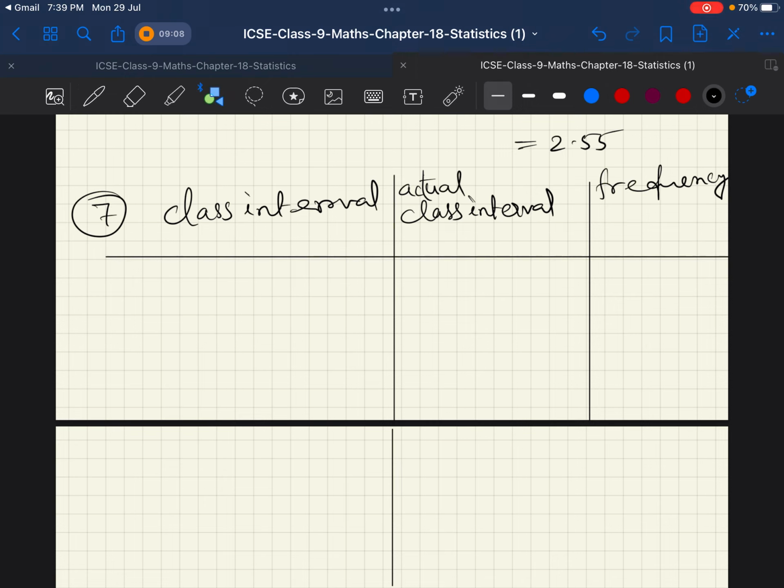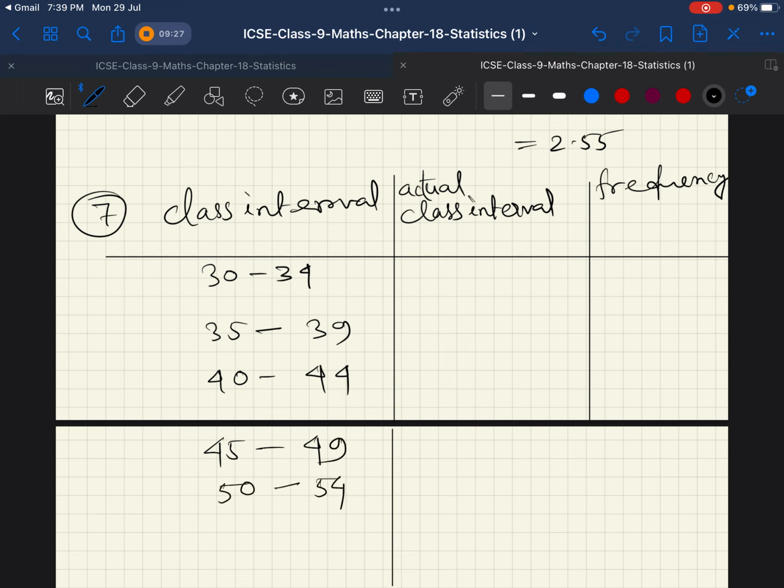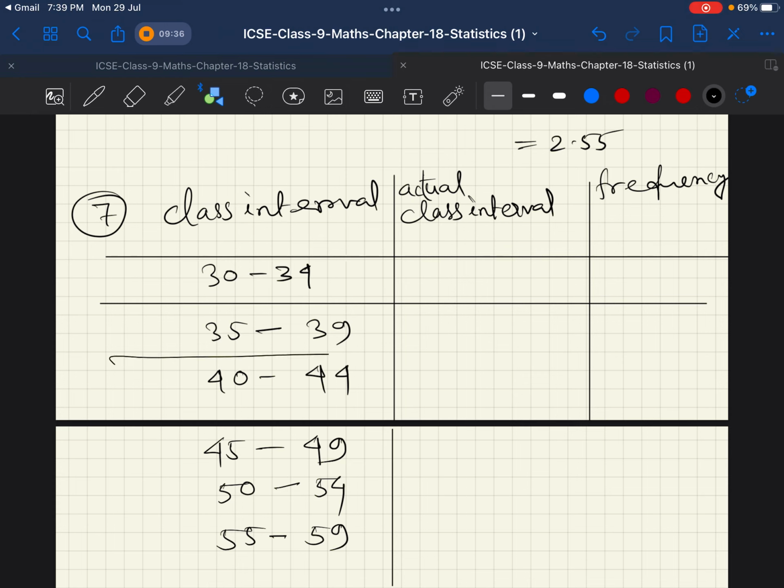So the class intervals are 30 to 34, 35 to 39, 40 to 44, 45 to 49, 50 to 54, 55 to 59.